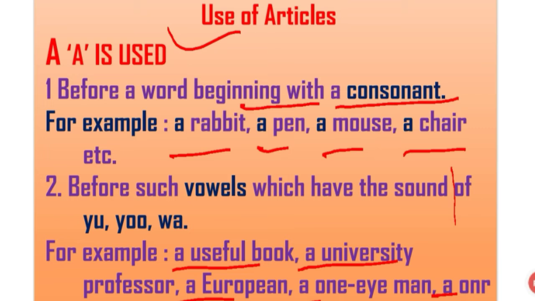Instead, the y sound is coming: useful, university, the yoo sound, not the vowel sound. That's why we use the article a before them. Most of the time students get confused about using articles correctly, because they think it begins with the A, E, I, O, U vowel sounds.